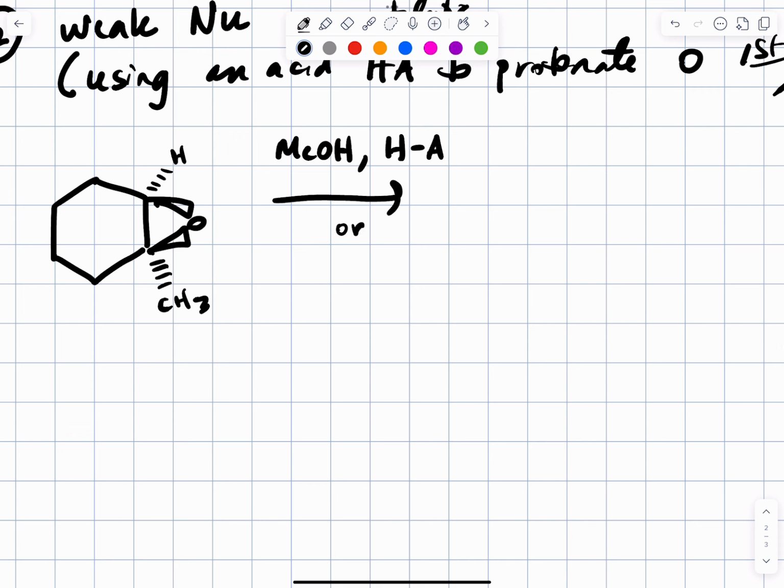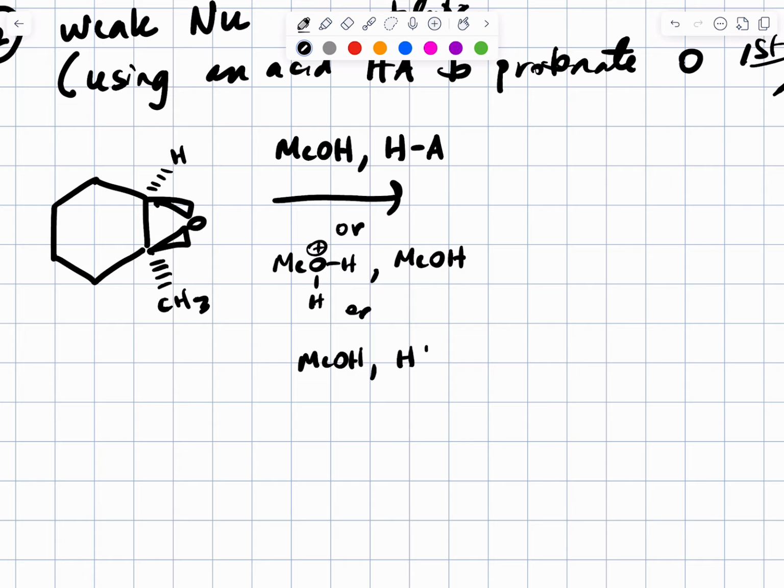Another way to write this same thing would be to write the conjugate acid of methanol, which is what you get actually when you put HA in methanol. Your text will also write this as MeOH with H+. Not that you can go out and buy H+, which you can't, but that's their way of saying, hey, I'm adding an acid, but I'm too lazy to tell you what it was.